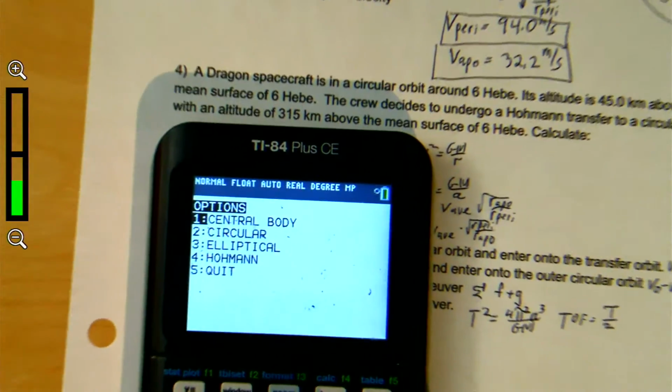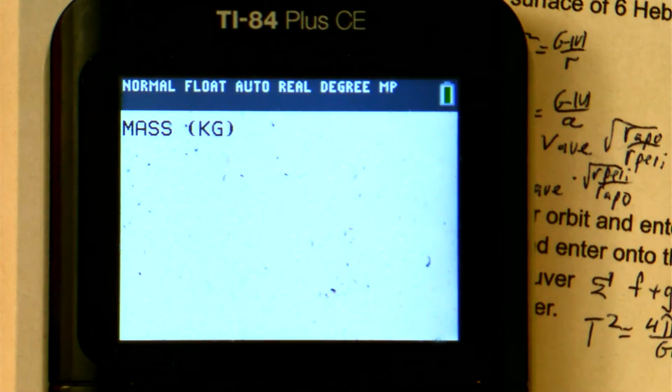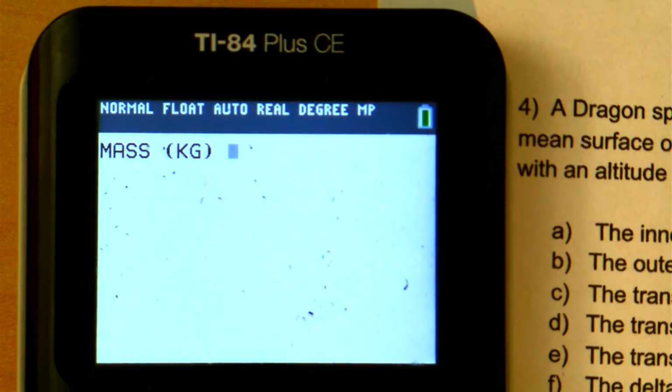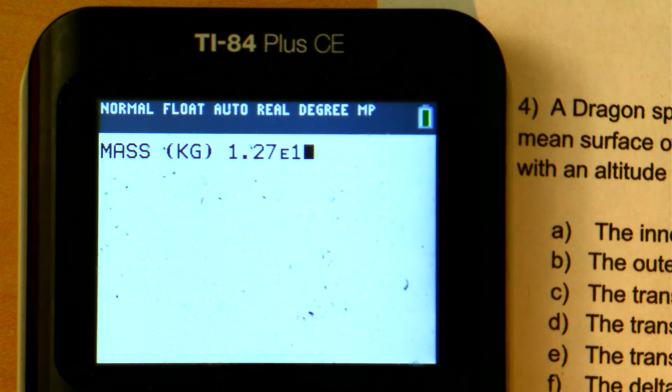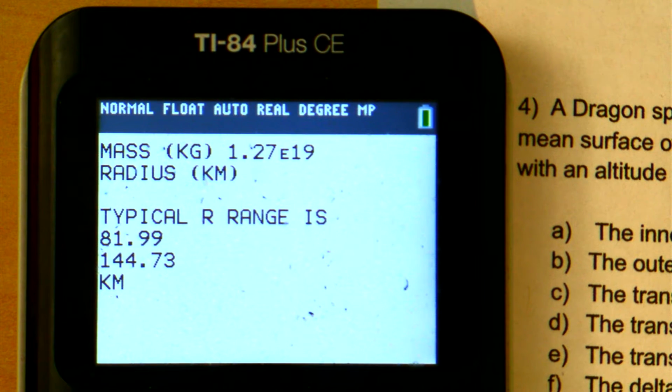So my program is called Orbit, and my central body is going to be other than one of the ones we normally have. Its mass for 6 Hebe is 1.27 times 10 to the 19th power. And the radius of this, it says its diameter is 186. So if I take 186 and divide it by 2, it'll give me the mean radius, which you can see is in the range of typical asteroids.